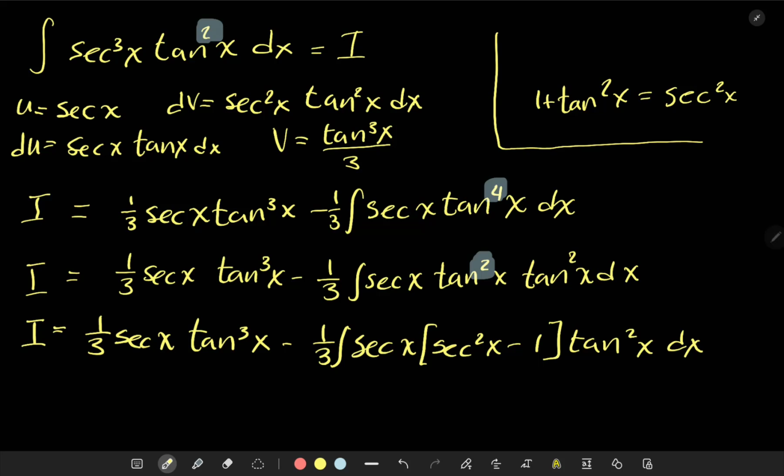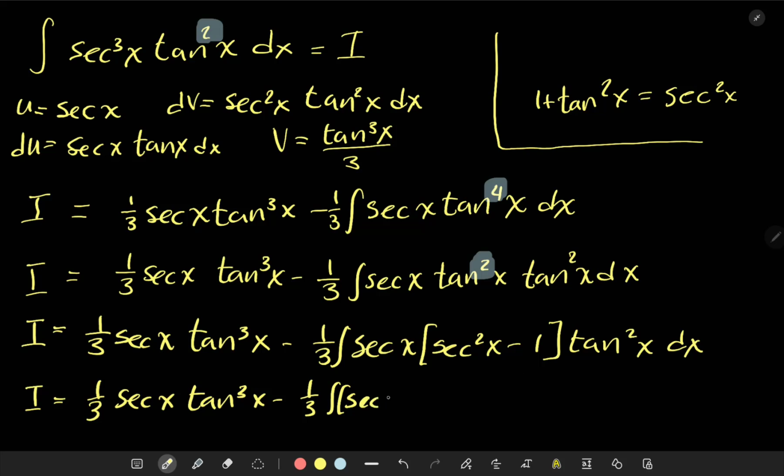All right, so I'm going to distribute these, and what that's going to do is it's going to become 1/3. I should copy that and paste, but now I'm writing it, so might as well write it. Copy this part, and then minus 1/3, and I'm going to separate these two terms out. So I'm going to have secant. Distribute the secant first.